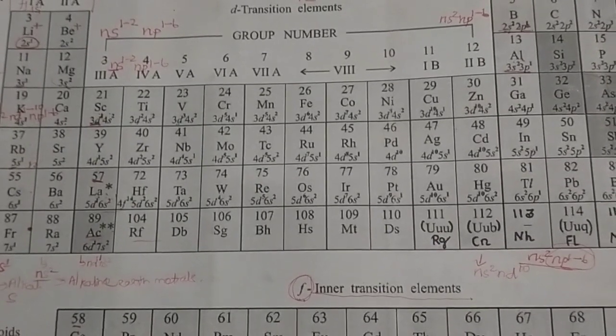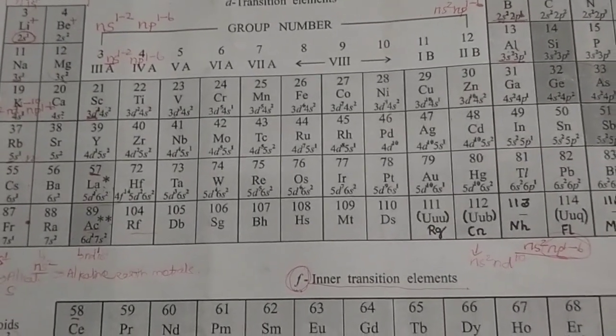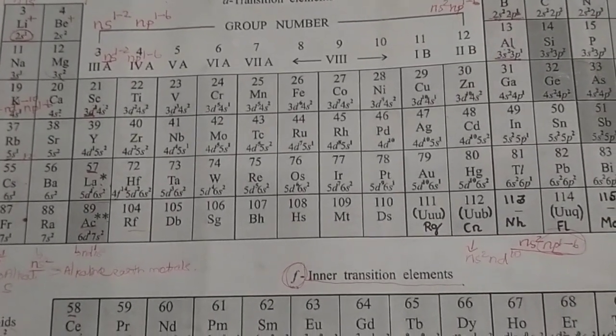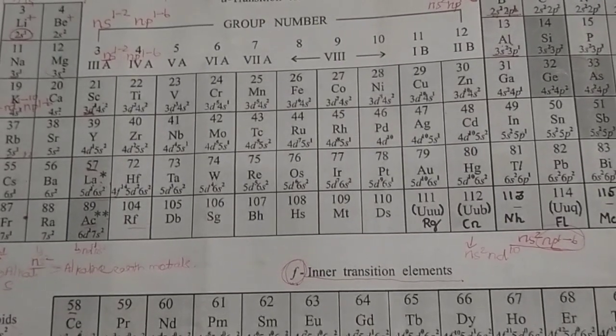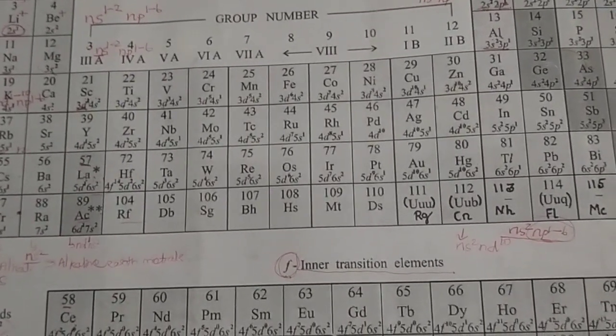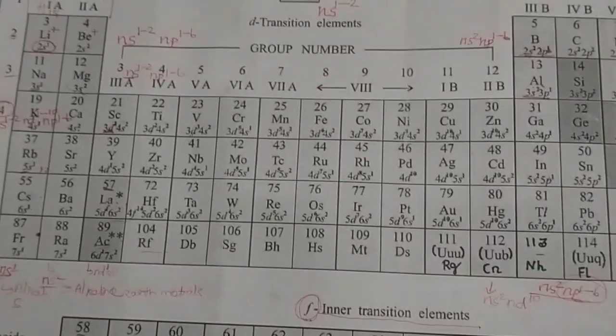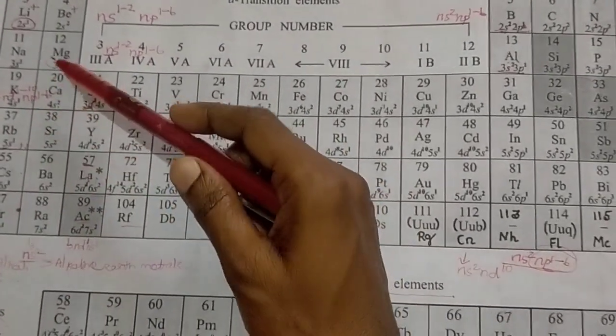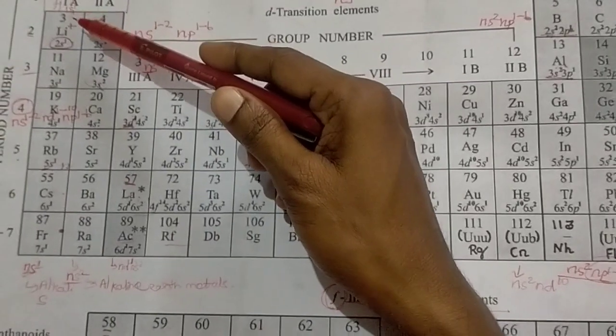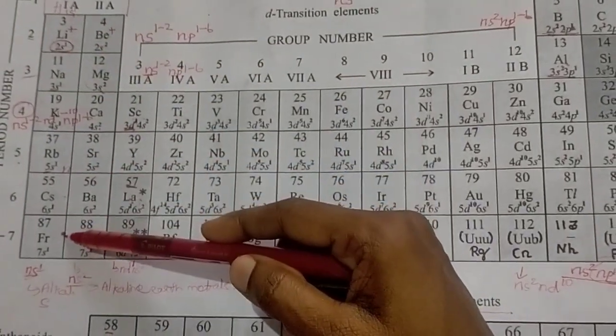Why is it decreasing? Because the distance between the nucleus and the valence electron, which is present in the outermost shell, is increasing when we move from top to bottom of the group.